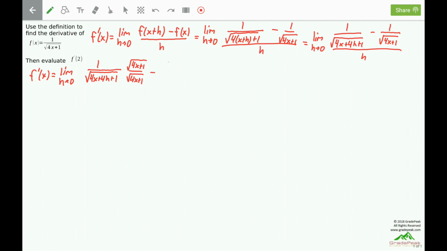And we need to take the negative 1 over the root of 4x plus 1 and multiply it by the root of 4x plus 4h plus 1 over itself to get the common denominator between the two fractions. And then all of this is divided by h.